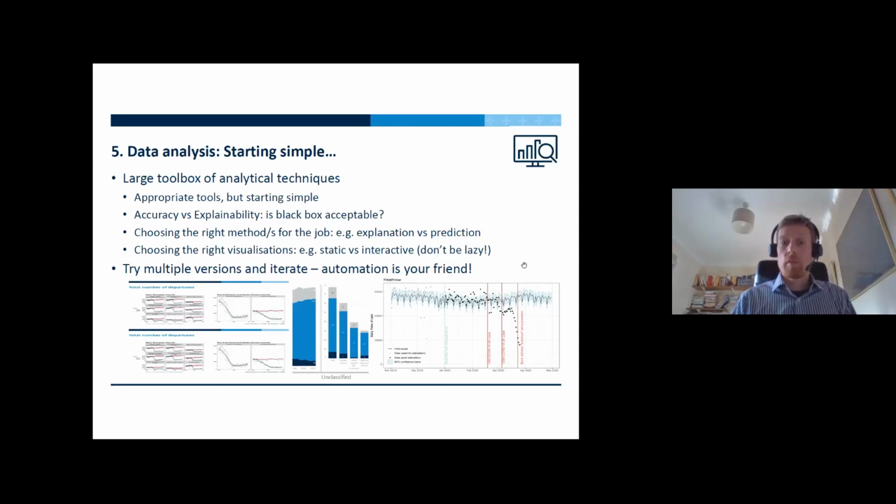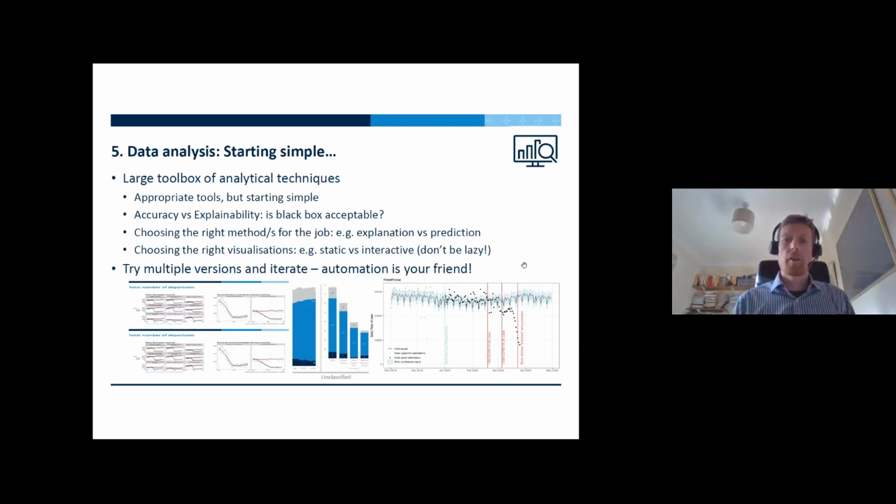And if it's not, it's still a decent benchmark to test your more complex processes against. Accuracy versus explainability is a big deal. So if we're building models here, we need to know whether we're happy if it's just right, or whether we need to know the exact components that are feeding in. Because if so, then there's no point us looking at real black box models that are hard to unpick.